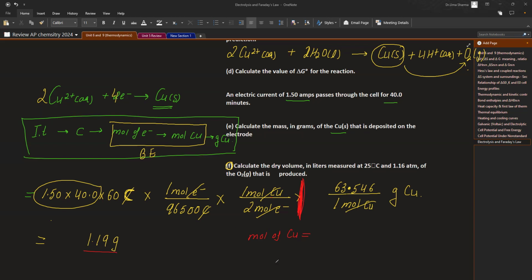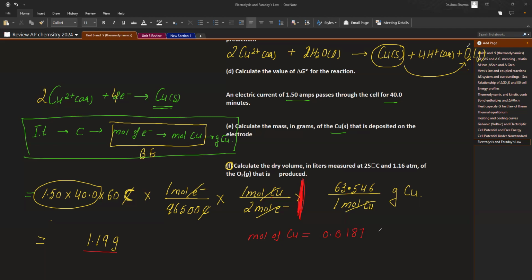You will get the moles. Get the answer in 3 significant figures. You're understanding why I'm getting these moles of copper? Answer is 0.0187. These are the moles of copper.